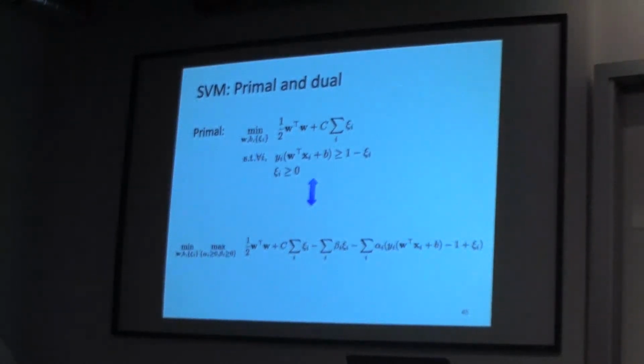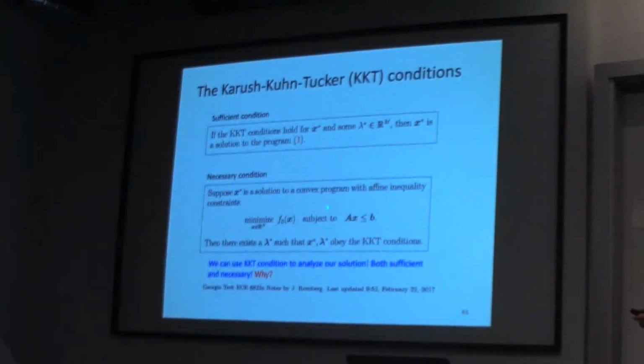They are linear in W, B, and C. So if you can rearrange them, they will satisfy this simple form. And as a result, the solution of the dual form or the primal form of the SVM must obey the KKT conditions.